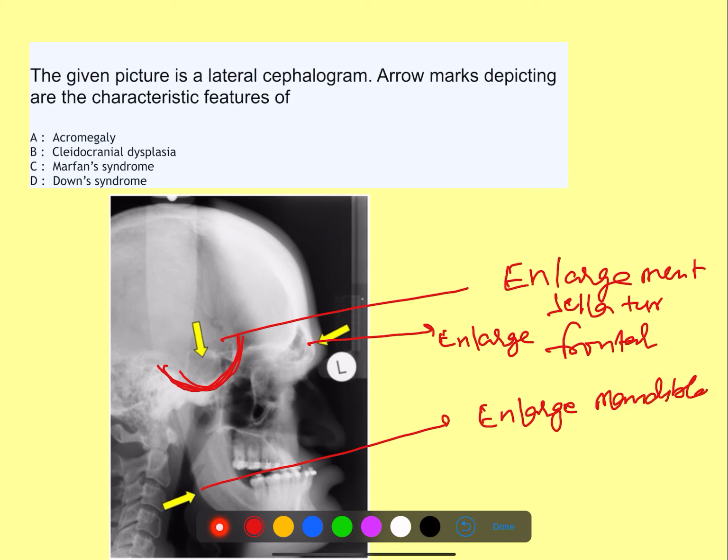If you go into all these things, acromegaly is nothing but a hyperpituitarism. That is, most of the structures in the facial body are enlarged because of it. So here you have to correlate these radiological features with the options. In the given pictures, the lateral cephalogram shows all these structures enlarged. So you can select acromegaly.